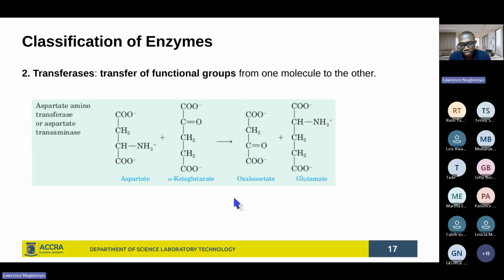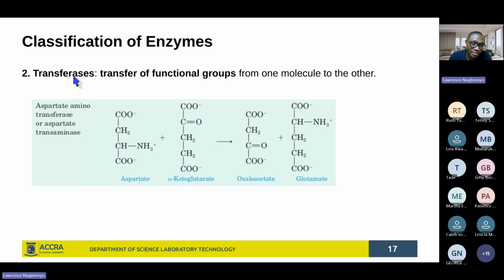The second class of enzymes we refer to as transferases. Transferases. And this is simple. It's coming from the word transfer. Transfer of what? Transfer of functional groups.